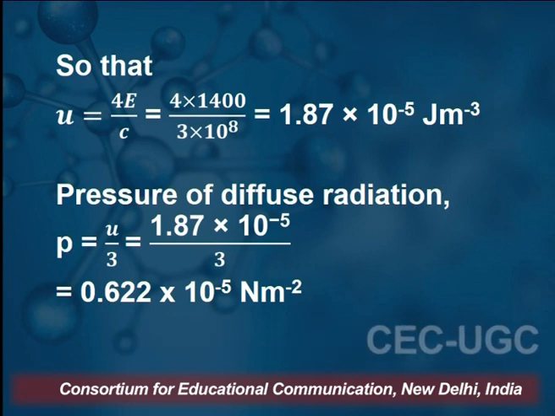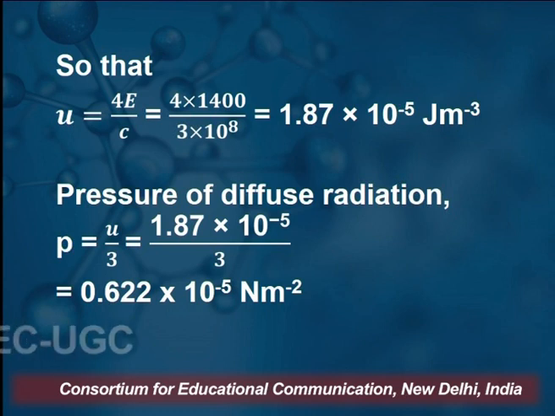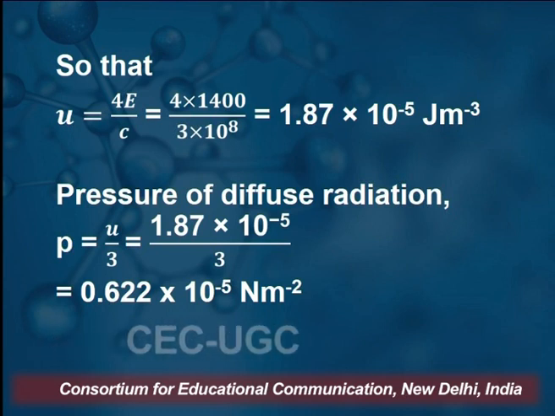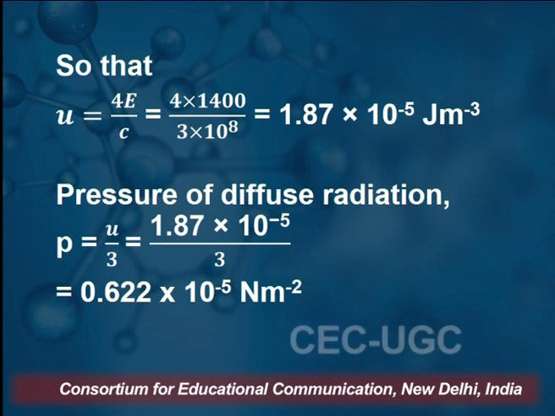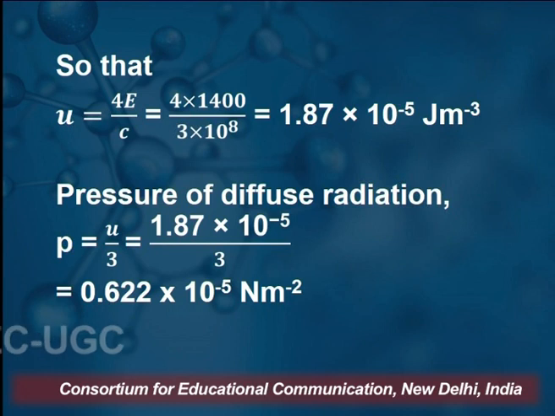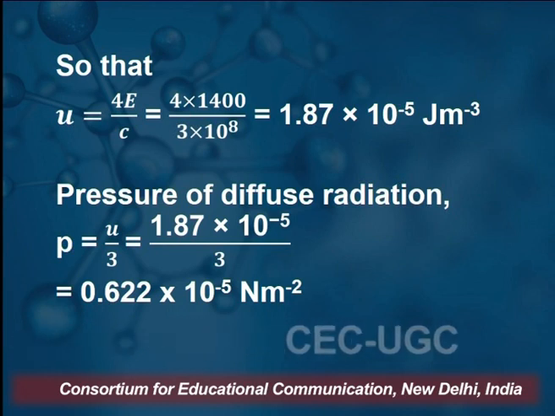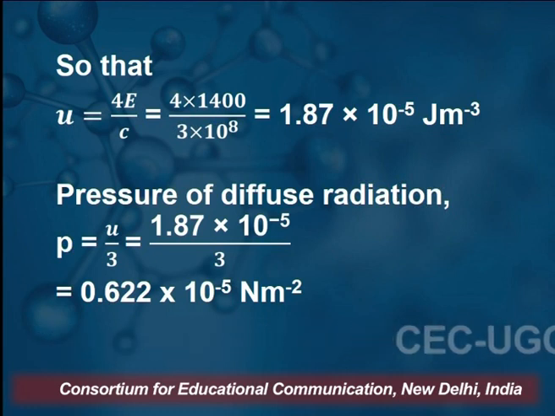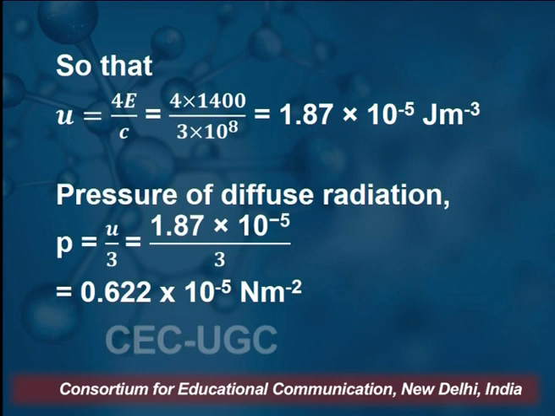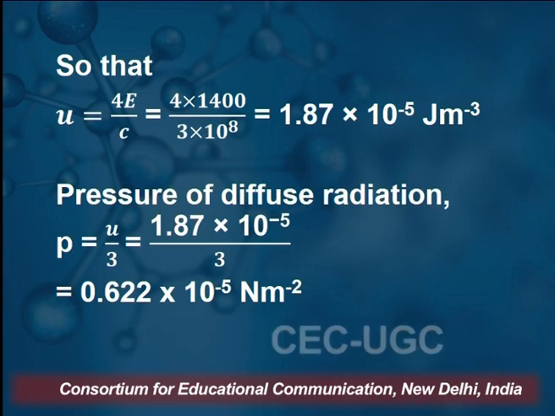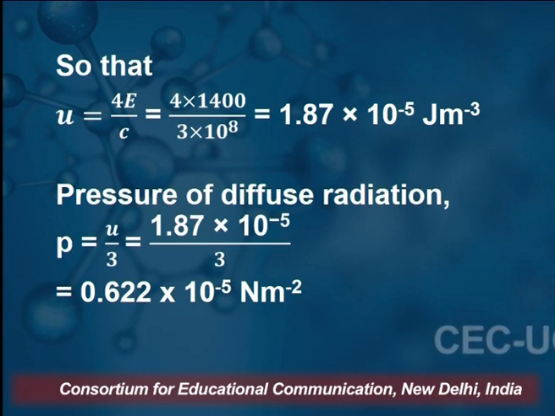In my last lecture, I had shown that the pressure of diffuse radiation is given by u by 3. So, P is equal to u by 3. What is u? u is 1.87 into 10 to the power minus 5. Substituting, we get 0.622 into 10 to the power minus 5 Newton per meter square.